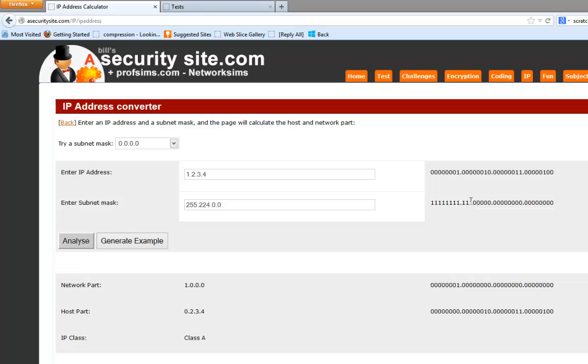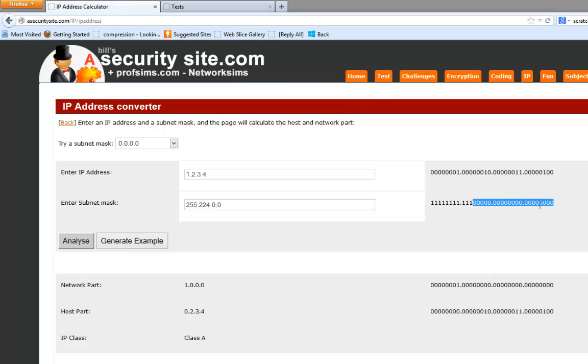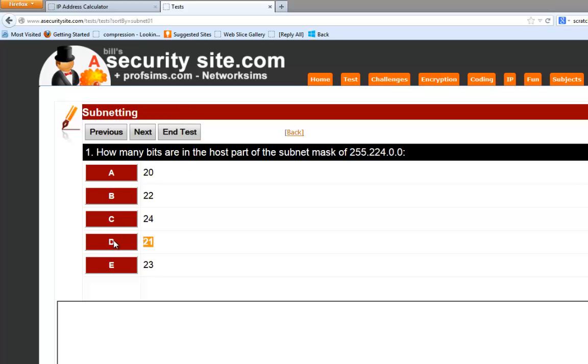For this subnet mask, we can see here is the network part and here is the host part. The number of bits in the host part is 8, 16, 17, 18, 19, 20, 21. So 21 bits are in the host part of that subnet mask. Now we're asked for this IP address.